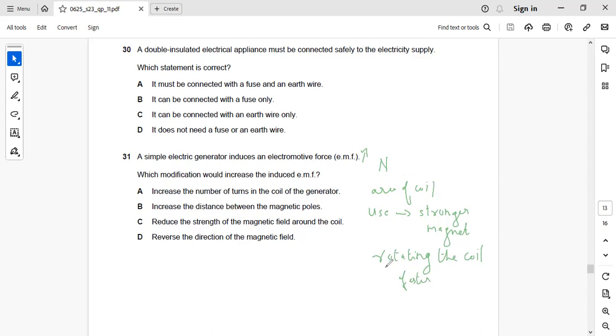So these are the different methods for increasing the EMF. Here you can see the first choice, increase the number of turns in the coil of the generator. So this option is correct. We can increase it by increasing the number of turns.